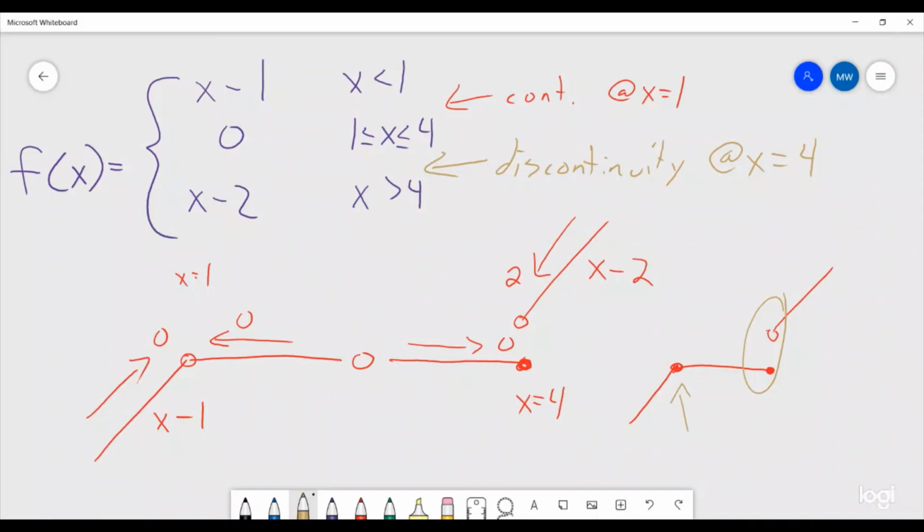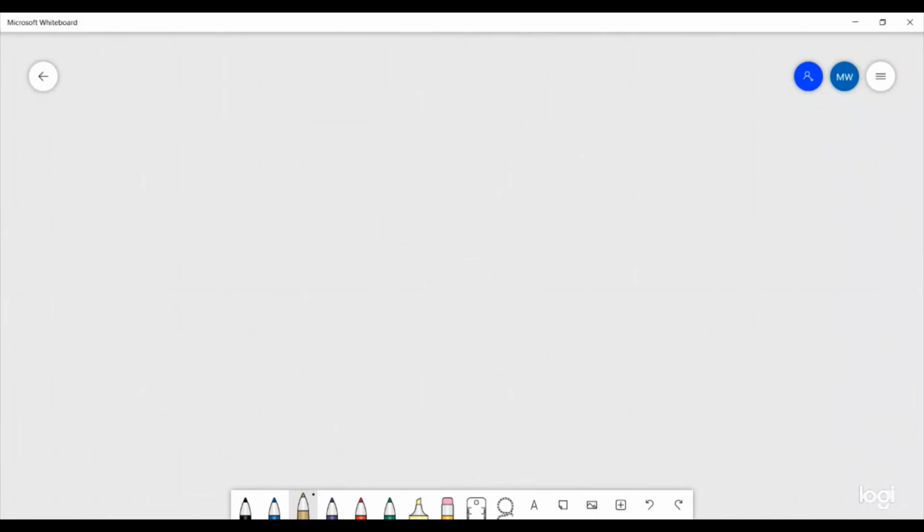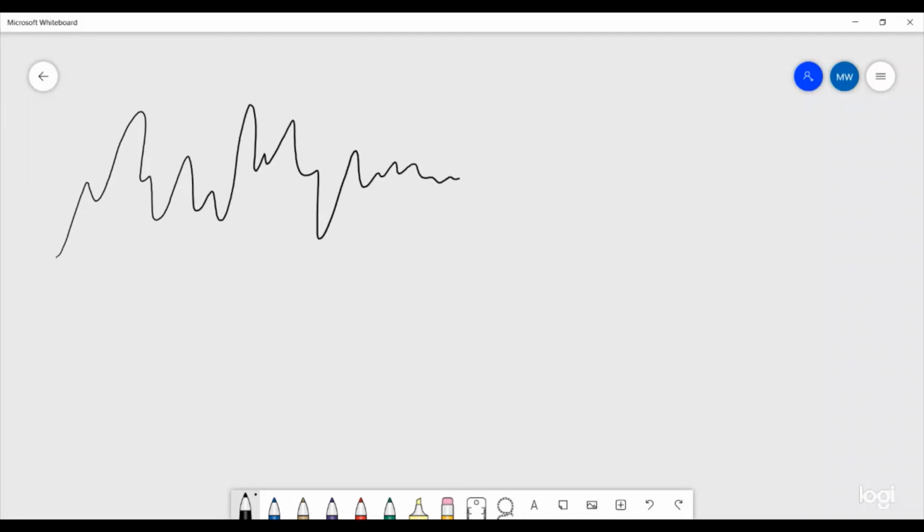Let's see, what other things are there to talk about? We got the squeeze theorem that we can use. The idea behind the squeeze theorem is that maybe you have some function that's doing really weird behavior and you just don't really know what it's doing anywhere.